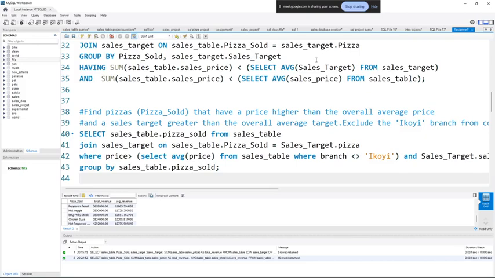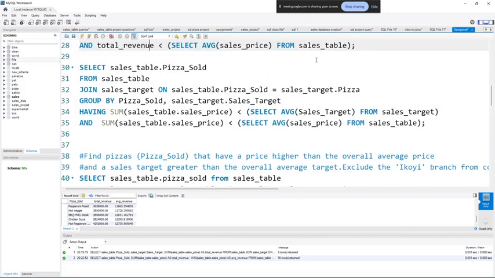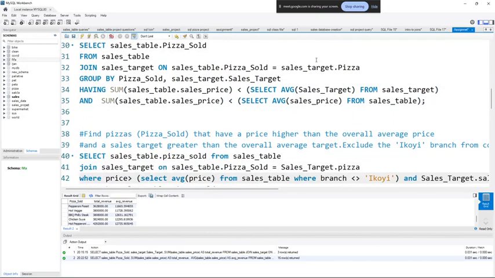Now, what am I going to do? I want to identify those pizzas that the total revenue is less than the average sales target, and also that revenue is less than the average sales price, that is the average revenue you generated.